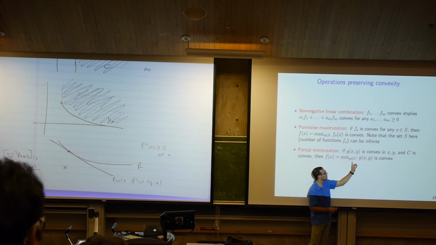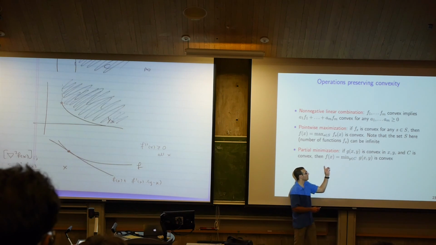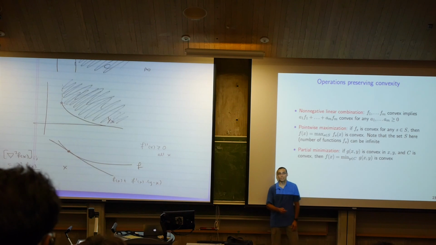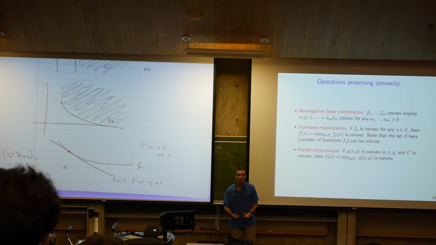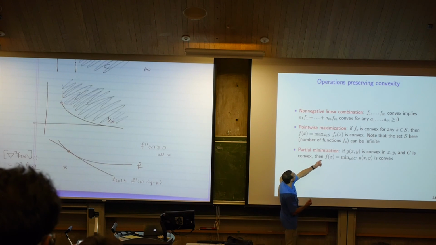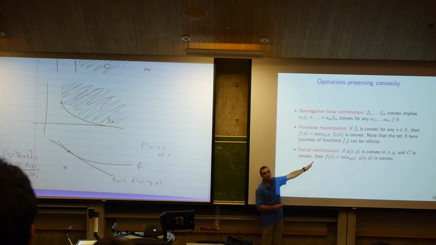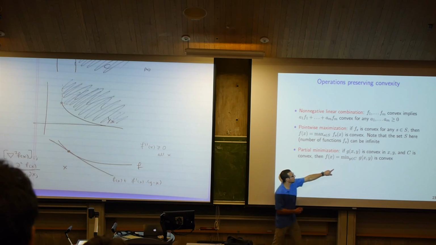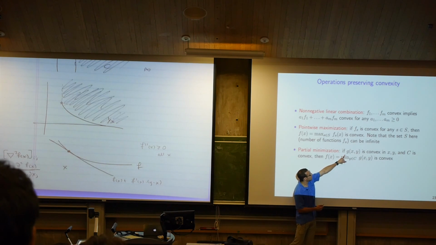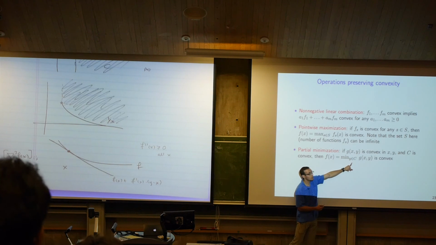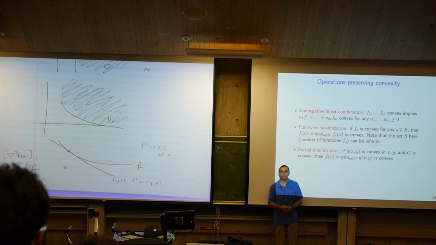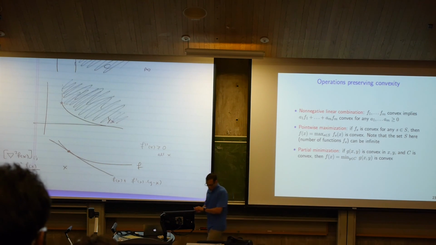Suppose I minimize over y in C to get a function that's only a function of x. That's still a convex function. The difference here is that we had no restrictions on S. We didn't care at all what S was, which is why I wrote these notationally a bit differently. Here we require that, first of all, g be convex in both of its arguments, and also that the set over which we're minimizing be convex. That's called partial minimization.